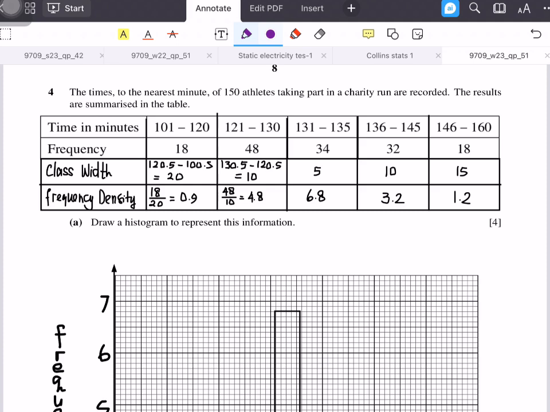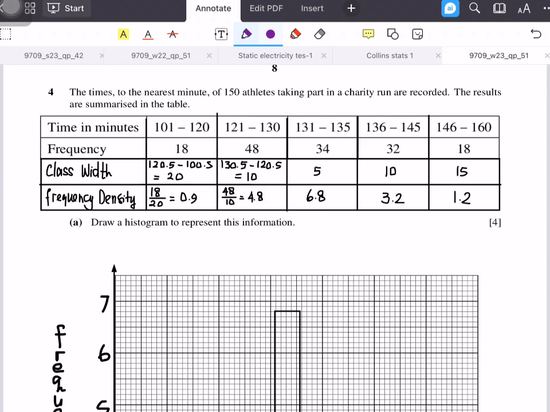For example, in the first class, the upper boundary is 120.5, while the lower boundary is 100.5. So the class width for the first class is 120.5 minus 100.5. It's equal to 20.